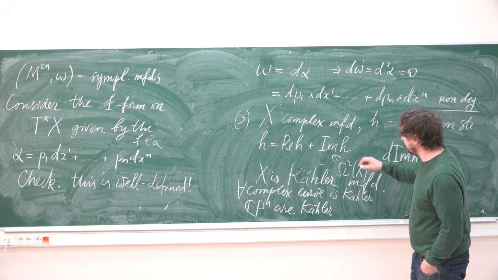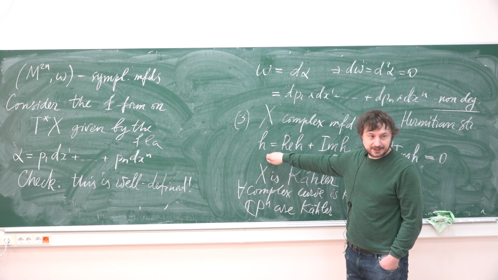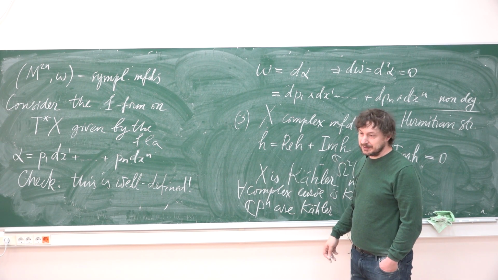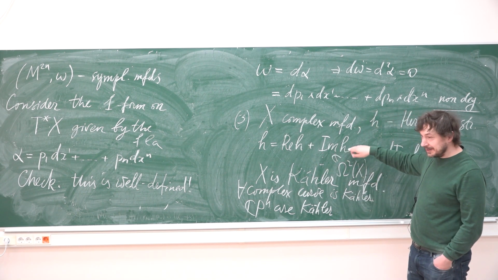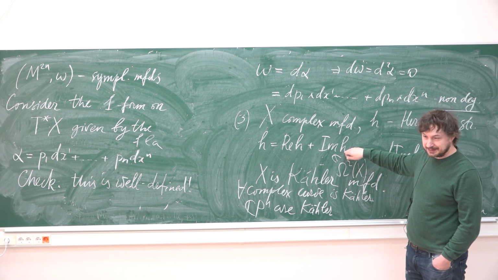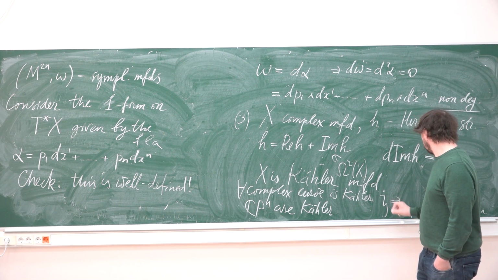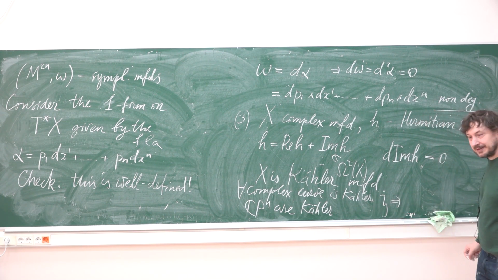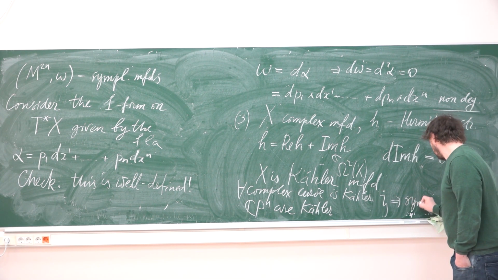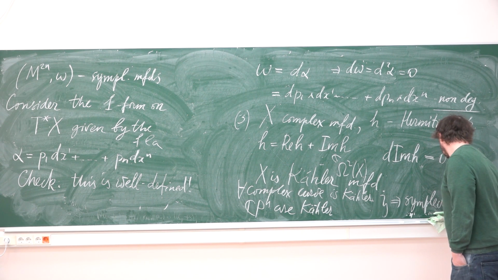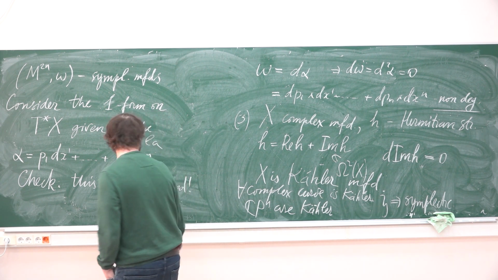When you have a Hermitian structure, it is non-degenerate automatically because it is sesquilinear positive definite, right? And it means in particular that its imaginary part is non-degenerate. So these are automatically symplectic. Here is one more large source of examples.